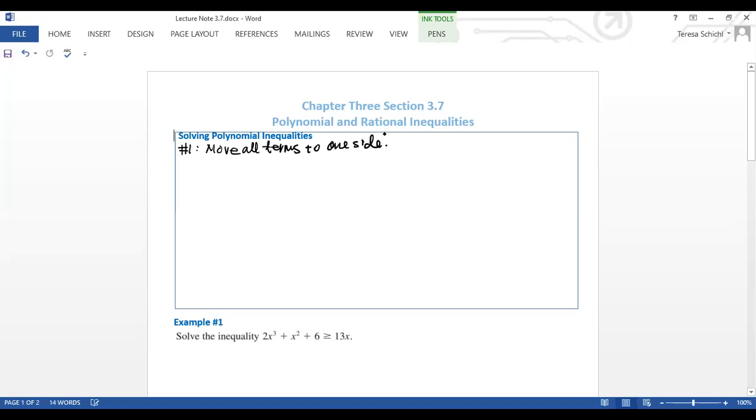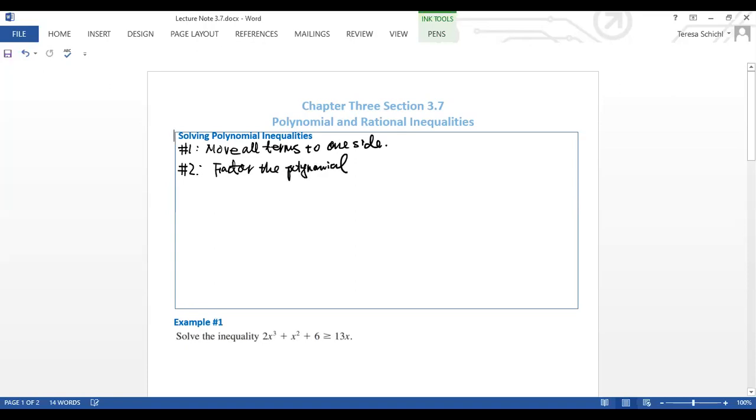Then the second step is to factor the polynomial.